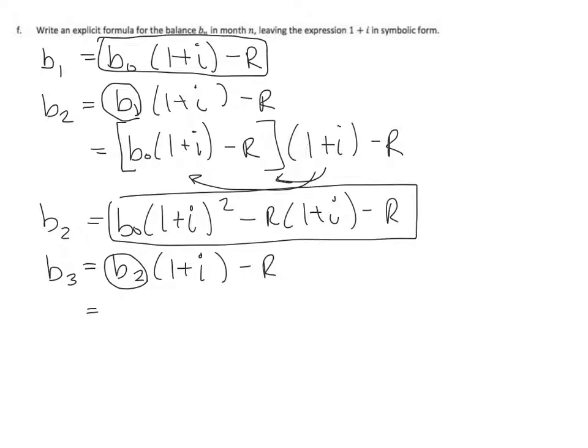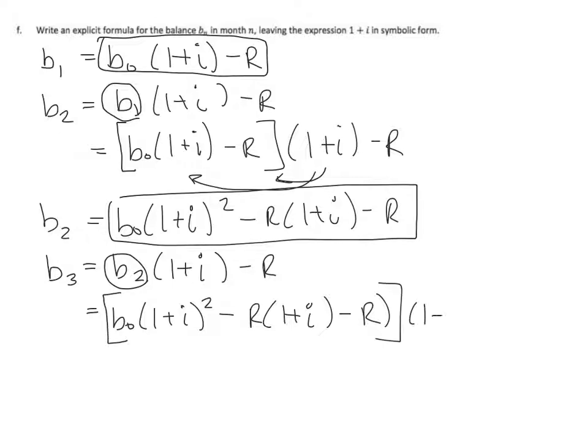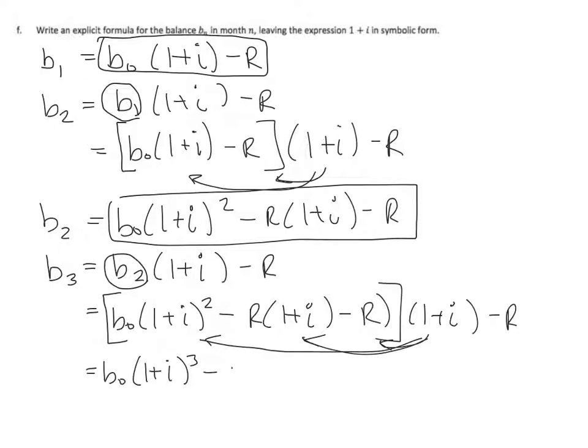I have b sub 0 times (1 plus i) squared minus r times (1 plus i) minus r, all of that times (1 plus i) minus r. Let's go ahead and distribute this. It's going to be awesome. b sub 0 times (1 plus i) cubed, because you're going to see a pattern and it's going to be great. Minus r times (1 plus i) squared.